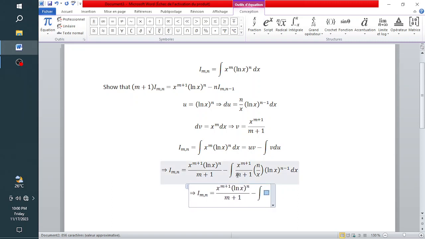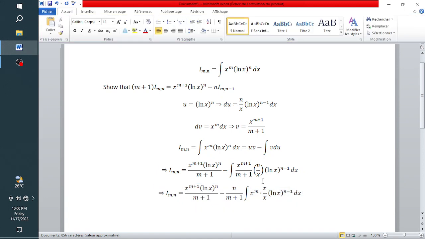In this integral, m plus 1 is a constant, n is also a constant, so I'm going to write n divided by m plus 1 out of the integral. Now x to the power m plus 1 is the same as x to the power m times x. Now you see that there is a divided by x here in the denominator, and you're multiplying everything with ln x to the power n minus 1.